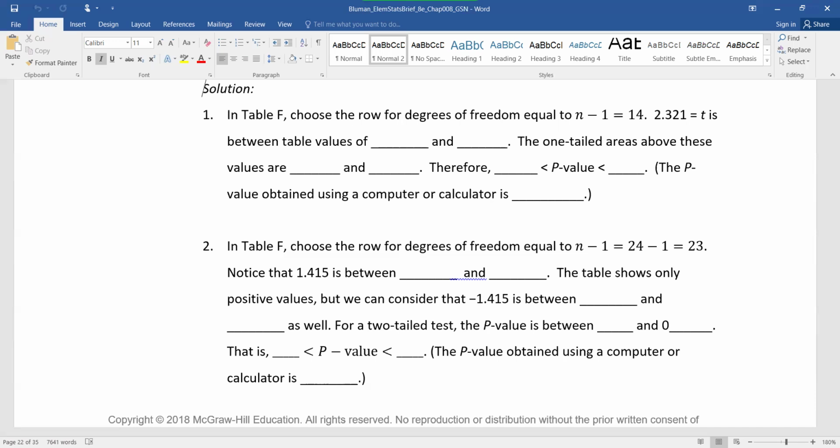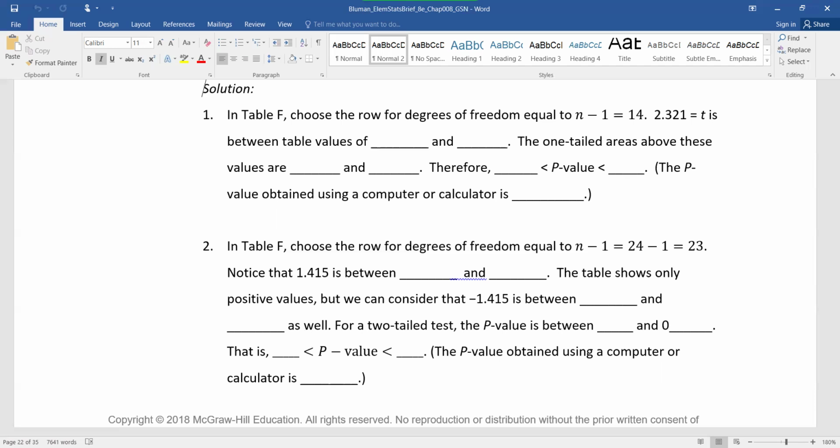And then we are looking for a probability, not probability, sorry, the area under the curve with a t-score of 2.321. So at 14, 2.321 is going to be between what two values? Good.